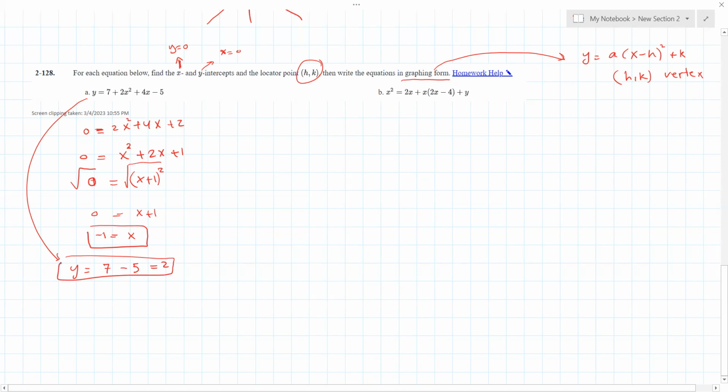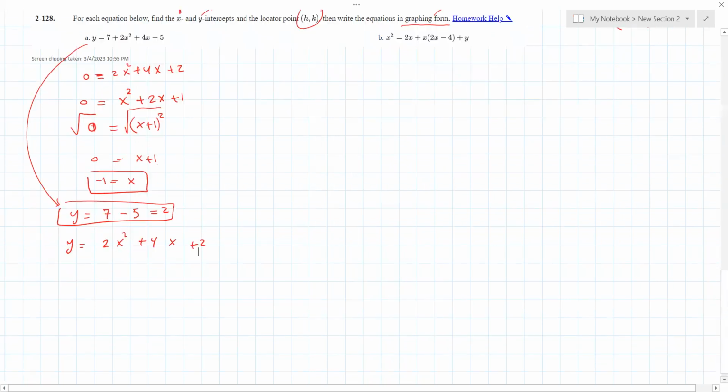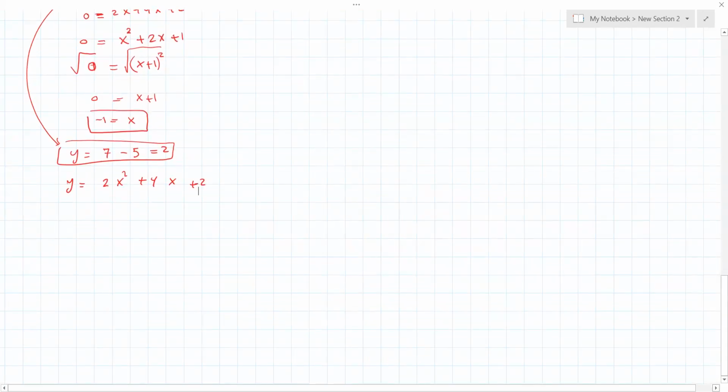And now to find this equation in a graphing form, we need to complete the square. And in this case, we do y equals 2x squared plus 4x, I'm rearranging here the terms, plus 2. In order to complete the square, we need to pull out the coefficient of x squared. So that's the first step.